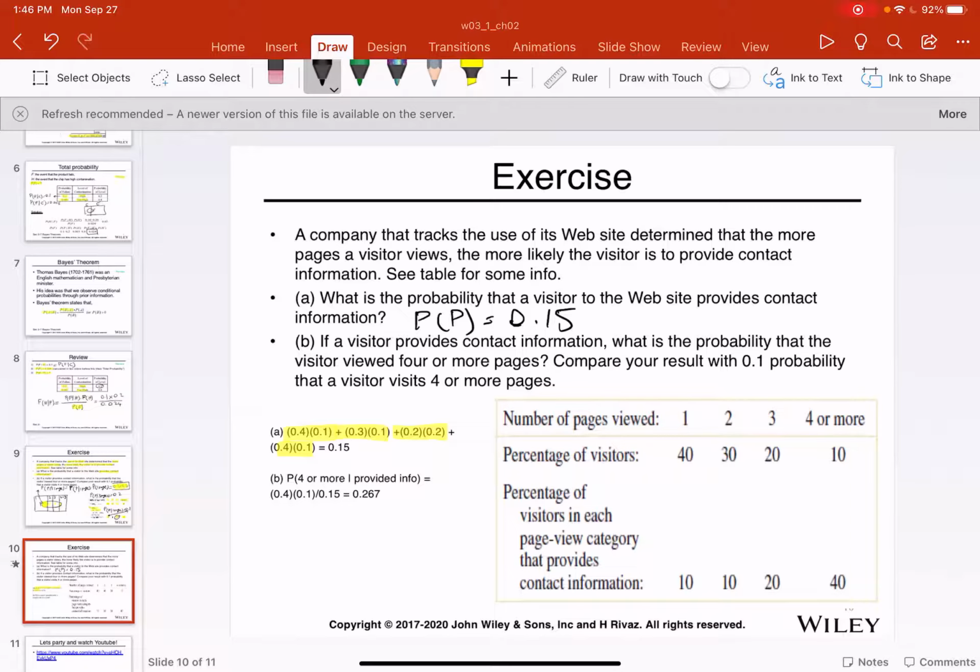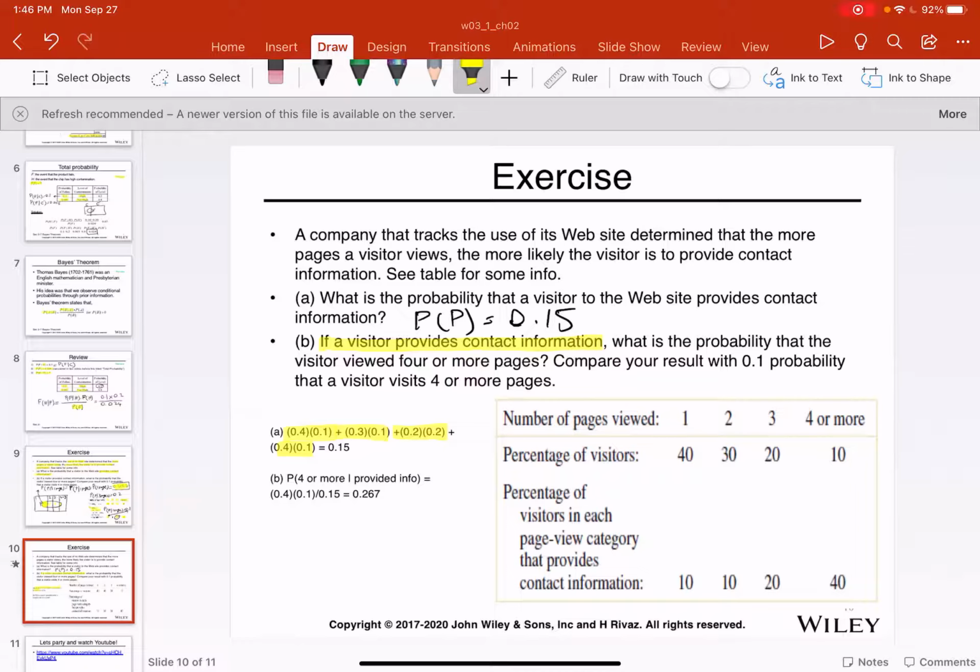Okay. So now part B says if a visitor provides contact information, what's the probability that the visitor viewed 4 or more pages, right? So another thing about conditional probability is that the way we say them in English is usually the other way around from how we write them in math, right?